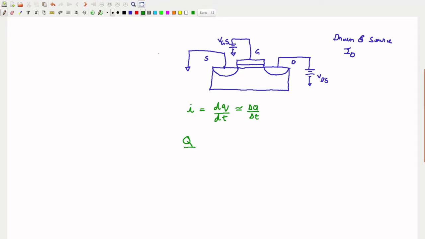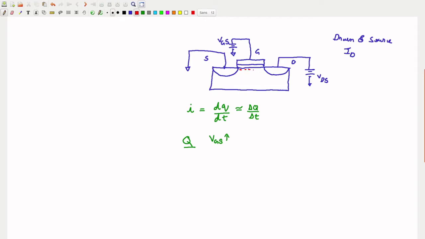When the gate to source voltage VGS increases, inversion happens. If you remember, inversion happens.